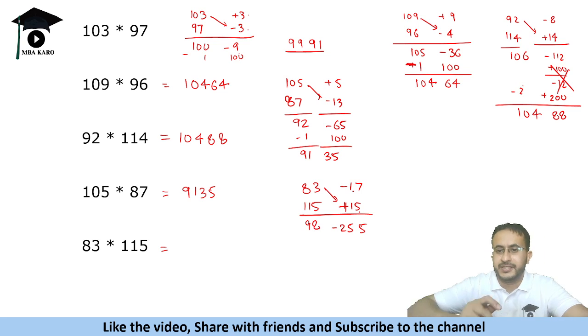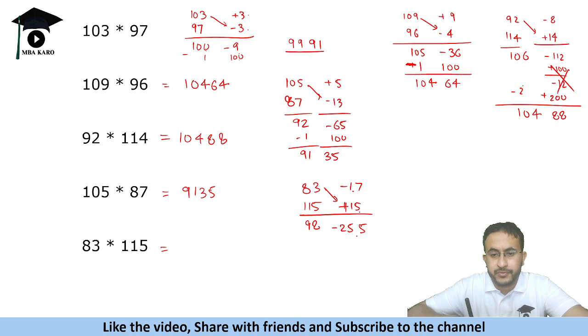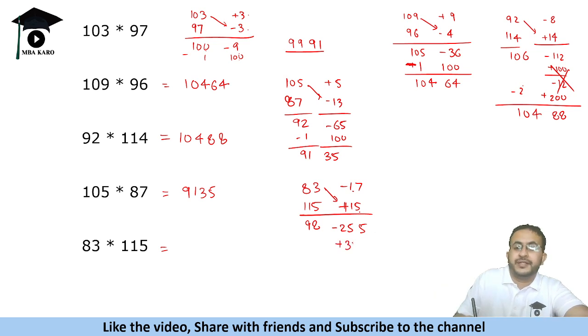Now understand this. As I told you, 100 to make it positive. If I add 100, it does not become positive. 200 also will not make it positive. So we need to add 300 here. So if you are adding 300, subtract 3 from this number. So we get 45 and this is 95.